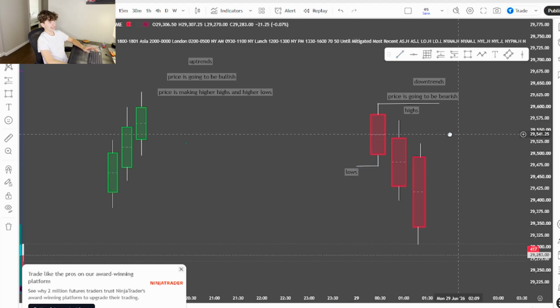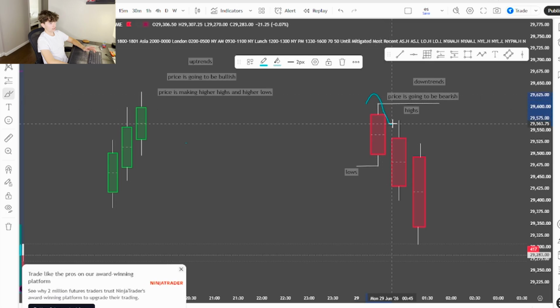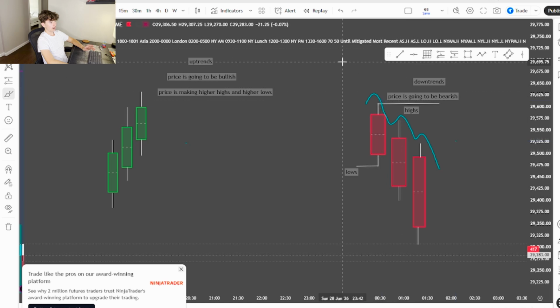On a downtrend, price is going to be going in a downward direction. What does that mean? That means price is going here and down, up, down, up, down. So we know that price is creating these highs and it's creating these lows.